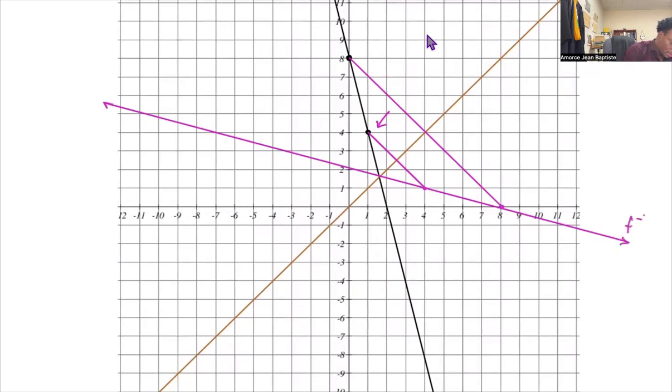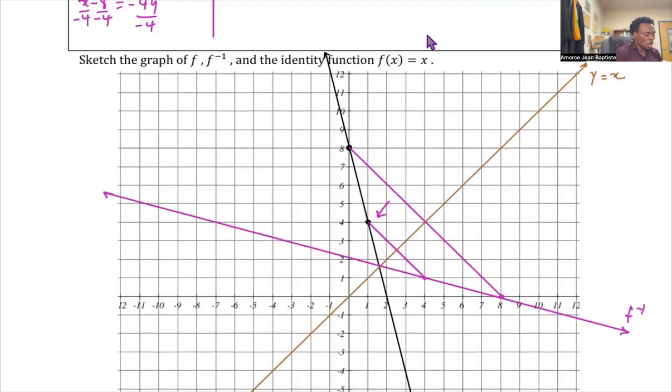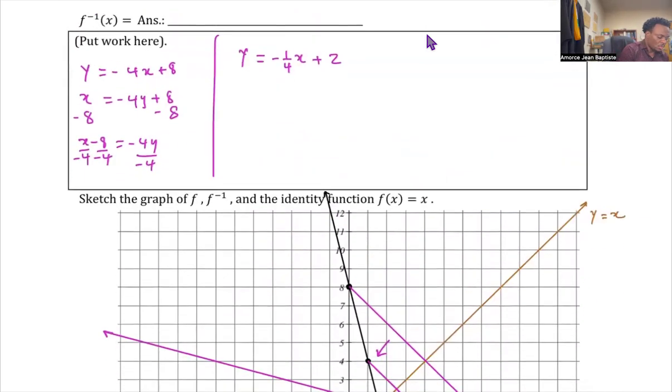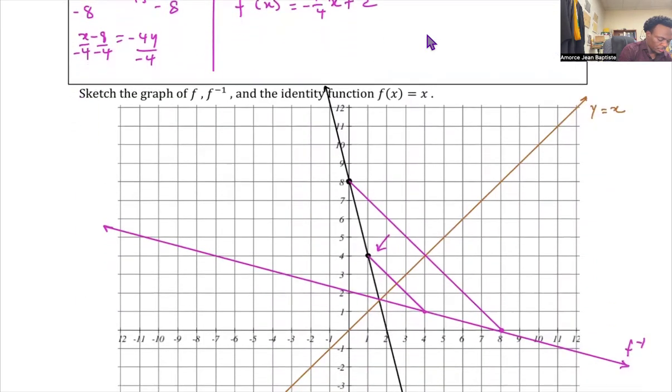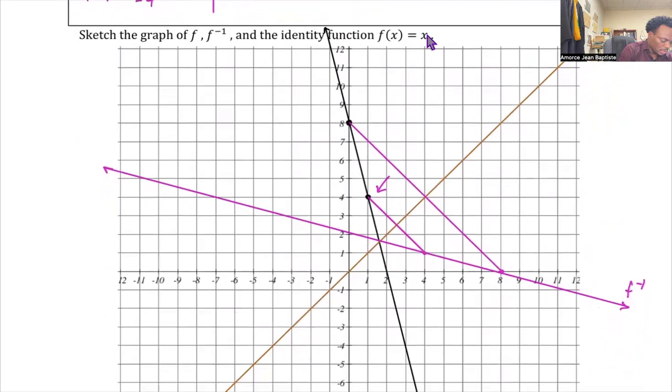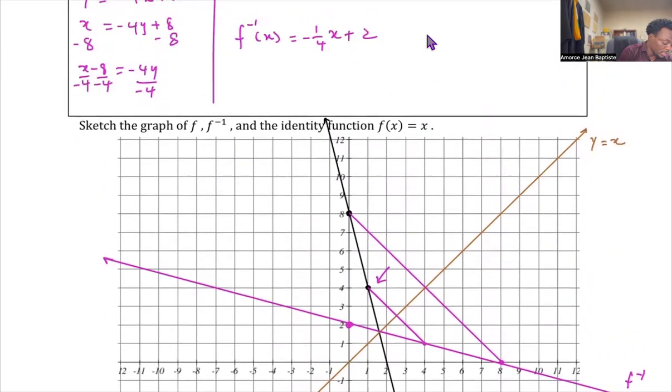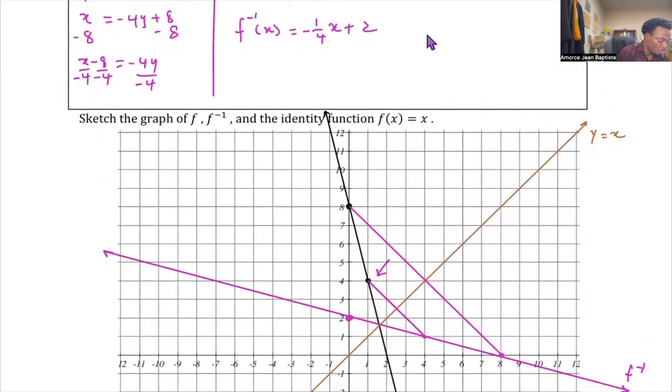That's f inverse. But if you use the slope and the y-intercept, well, obviously I didn't finish that. That's f inverse of x equals negative 1 over 4x plus 2. You would see that's the slope, that's the y-intercept, and the slope was negative 1 over 4.